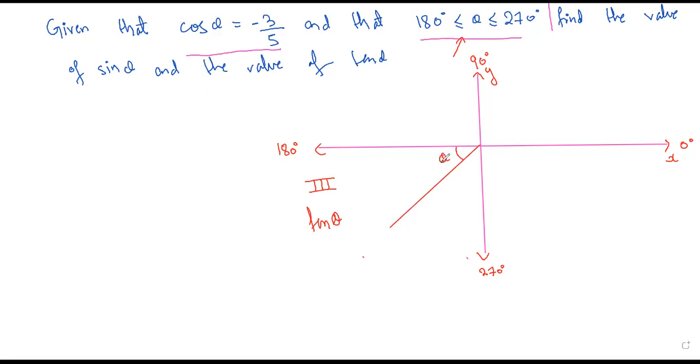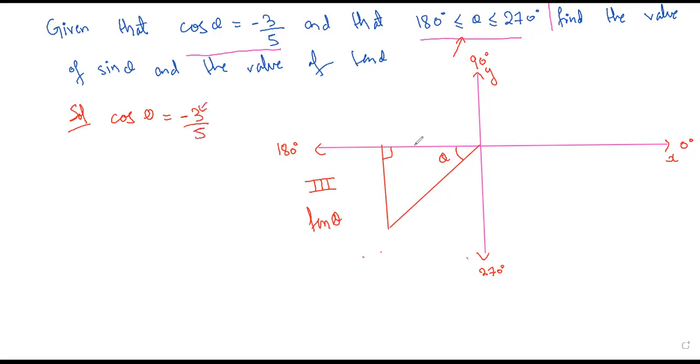So if I make a triangle quickly, because we are talking about trigonometric ratios, this would be the right angle. We have been told that cos theta is minus 3 by 5, which means that minus 3 is the base.